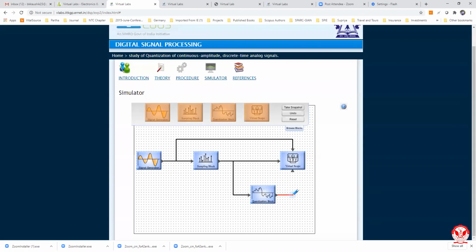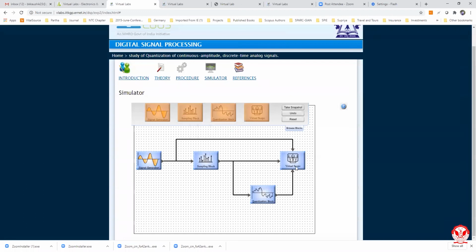The wire is floating, as discussed earlier. Now again we proceed up. What we find? Now this is connected. So this is the setup that is used for the quantization of continuous amplitude signals.